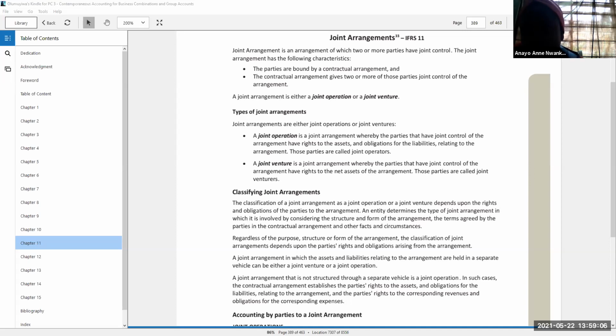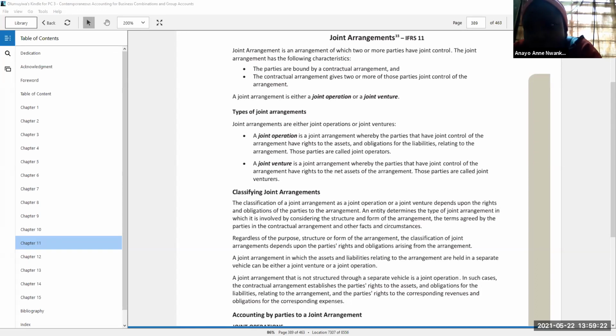Classifying joint arrangements. The classification of a joint arrangement as a joint operation or a joint venture depends upon the rights and obligations of the parties to the arrangement.